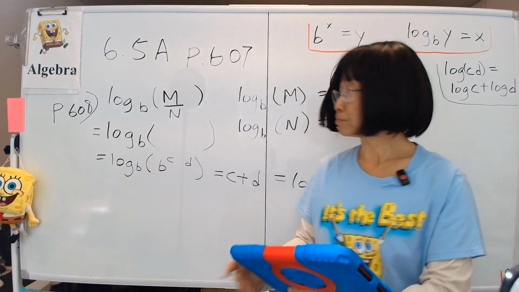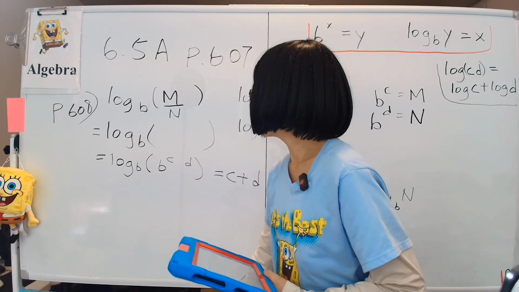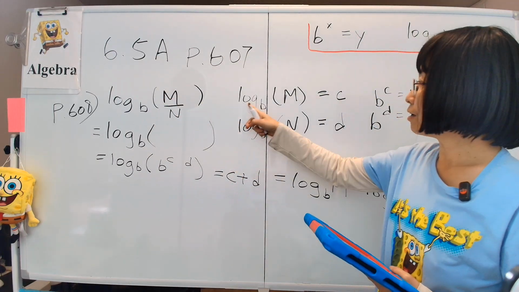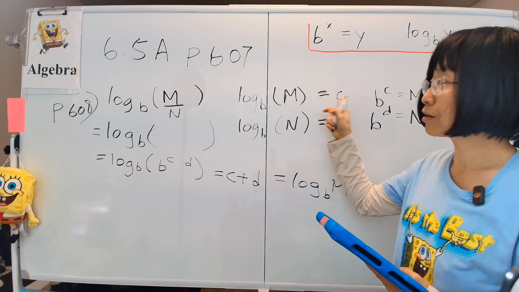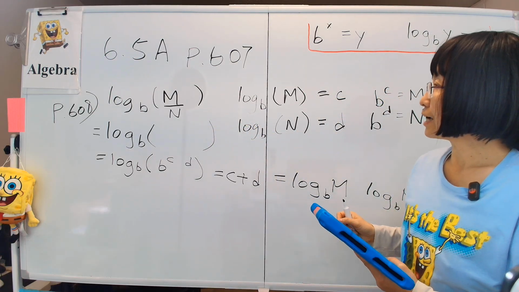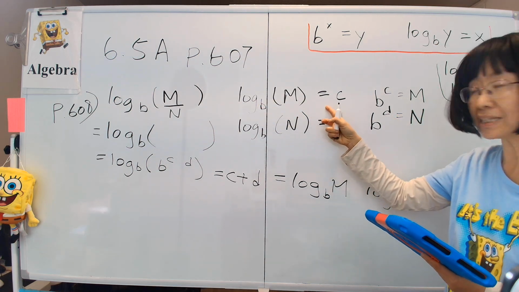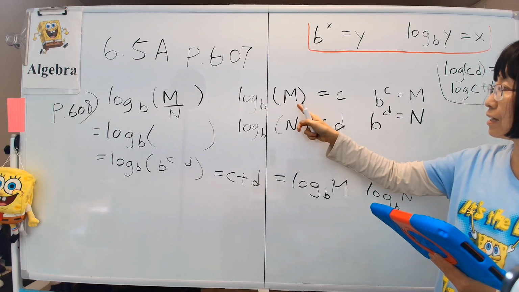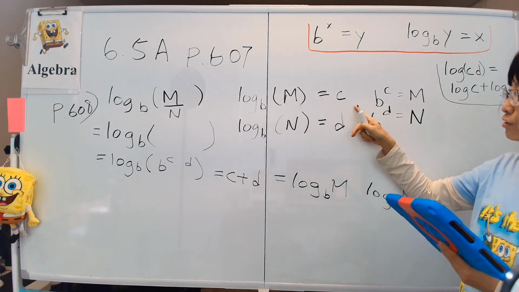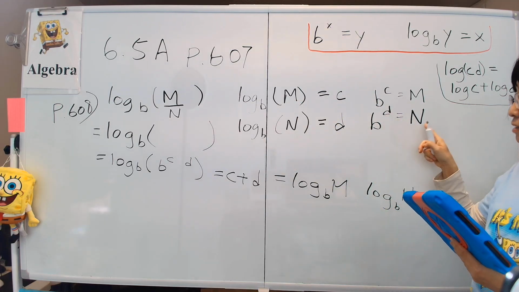So next, let's go to page 608 and we'll prove the quotient rule, which goes like this. Let's say we need to do log of m over n. Again, log base b of m, we'll call it c, and of n, we'll call it d. Now, in that case, this part doesn't change, right? Because if log b of m equals c, by this definition that means b raised to the power c equals m, and similarly b raised to the power d equals n.